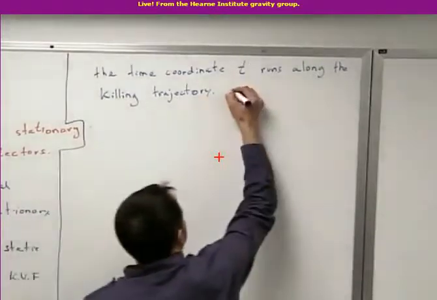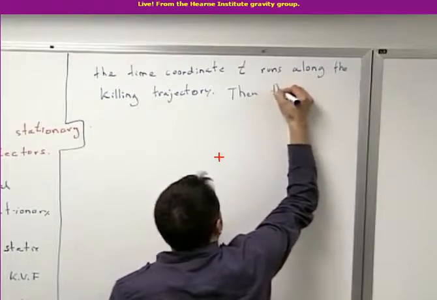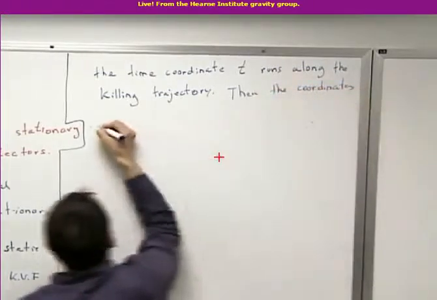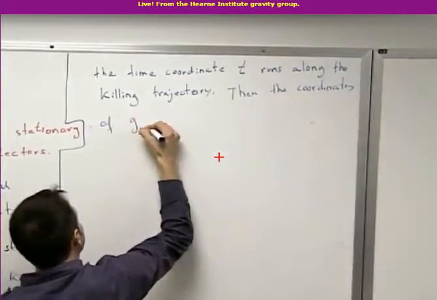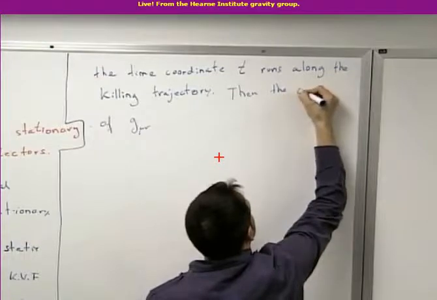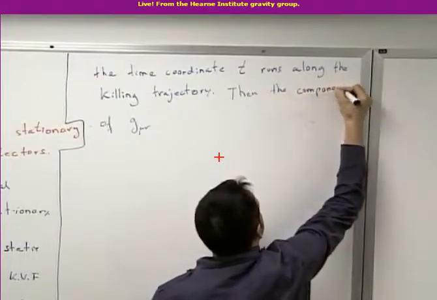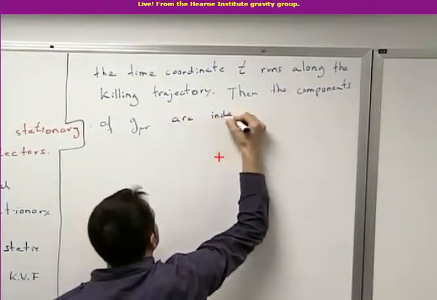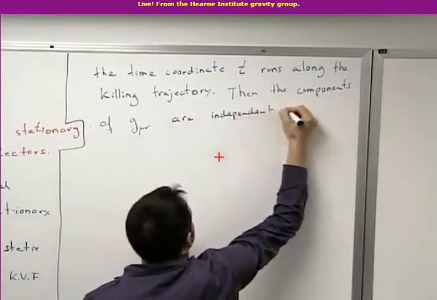So then the components of g_mu nu are independent of t.